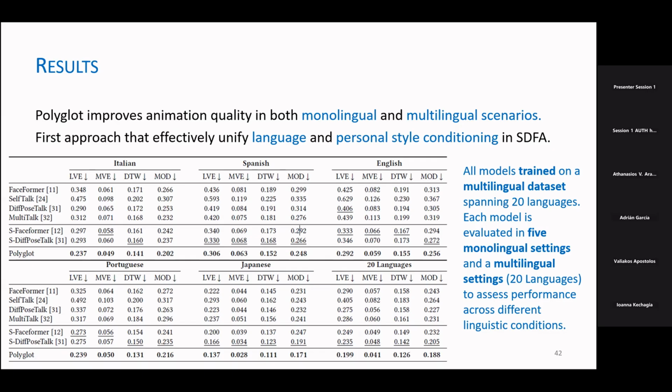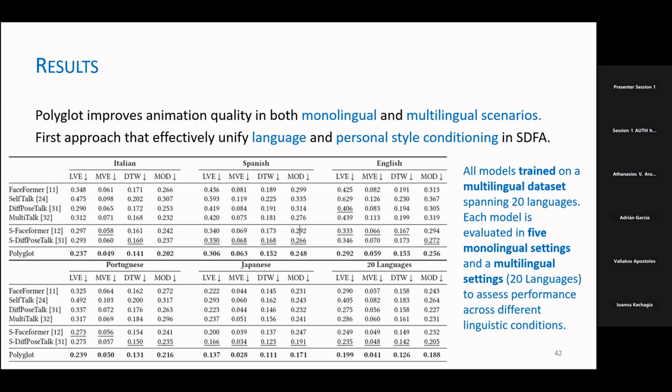So this is one of the outcomes of this work, and also the fact that, as we can observe there, our architecture is capable of obtaining lower errors for different metrics that we use to evaluate the movement of the lips.